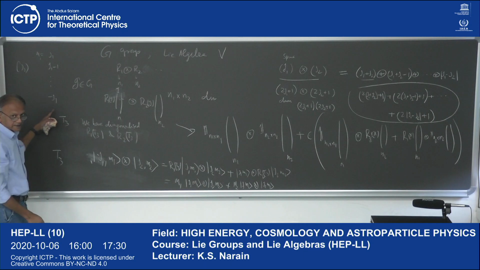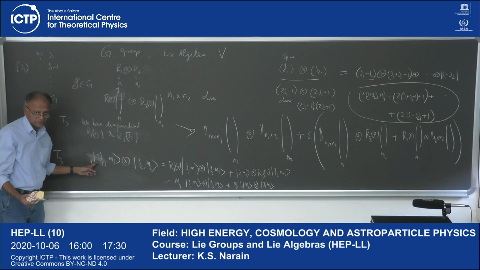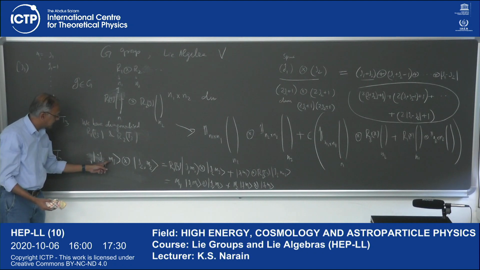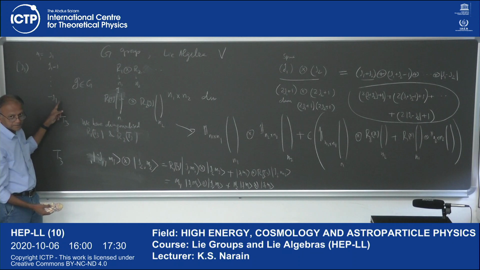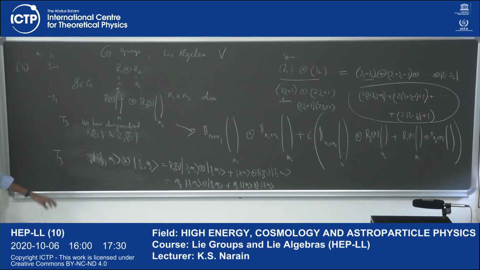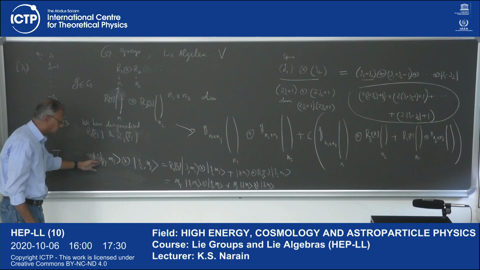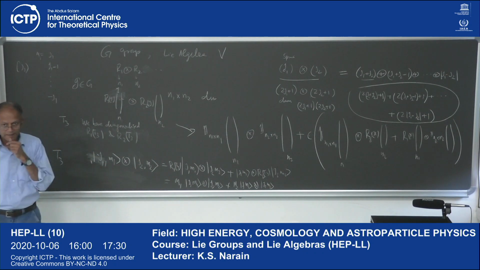So these are all possible states. The first label is just telling you which representation you are talking about, and the second one is actually the eigenvalue of T3. That is just to remember that we are looking at the spin J1 representation, and that's the spin J2 representation.